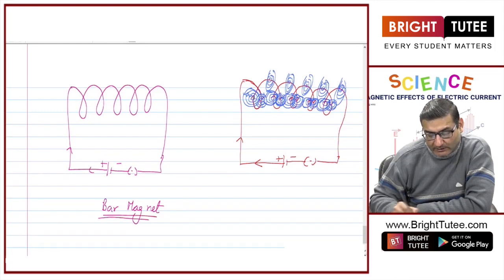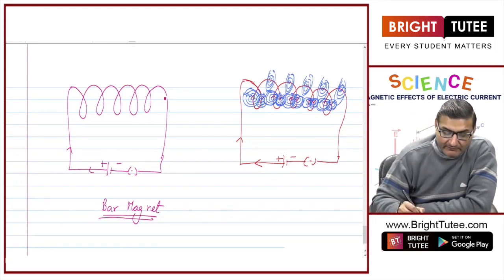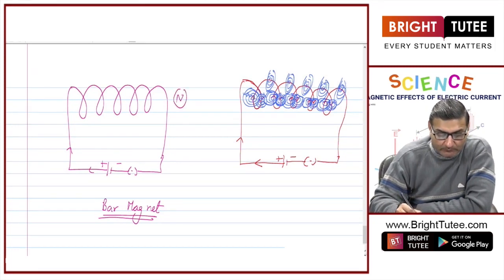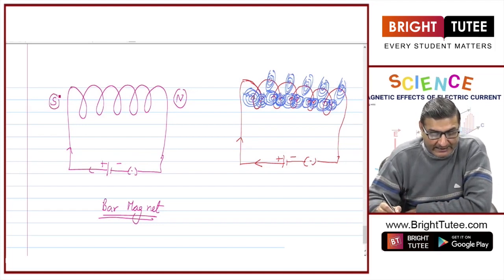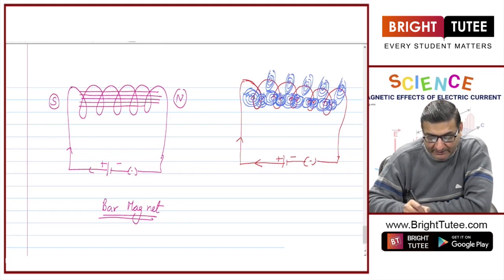When I talk about behaving as a bar magnet, I am saying that one end of this particular coil will act as a north pole and the other will act as a south pole. And just like a bar magnet, the magnetic field lines will be like this.